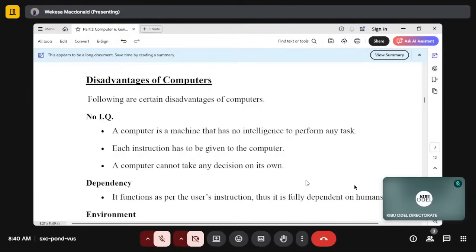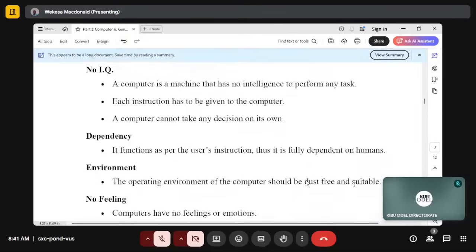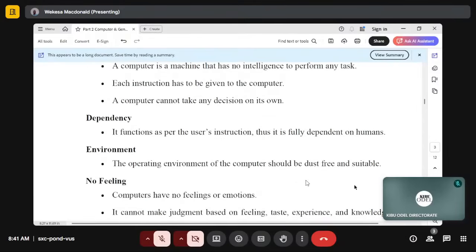Even a rocket or a plane on autopilot is running from instructions. So it depends on humans to operate. Also it's affected by the environment.